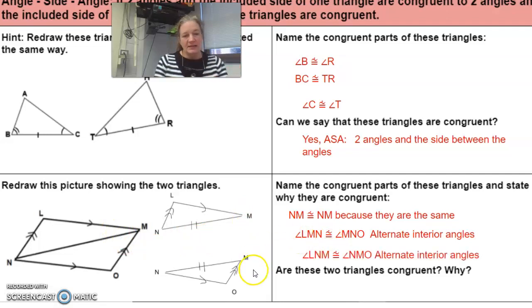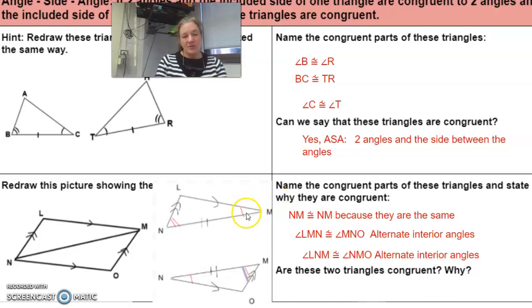The same with angle L to N to M, which is the same as angle N to M to O. These are alternate interior angles. Because the lines are parallel, Unit 3 states alternate interior angles are congruent when parallel lines are involved. Okay?